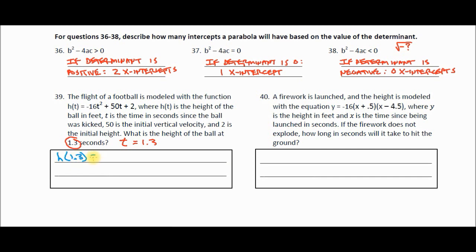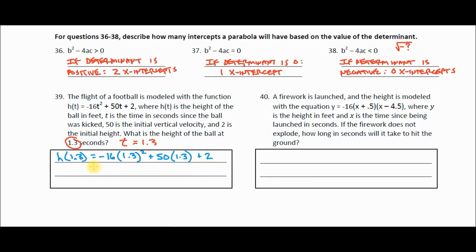So height equals h of 1.3 is equal to -16. Remember, your variable always gets plugged in parentheses. -16 times 1.3 squared plus 50, which is our initial vertical velocity, times 1.3 plus 2, which is our initial height.